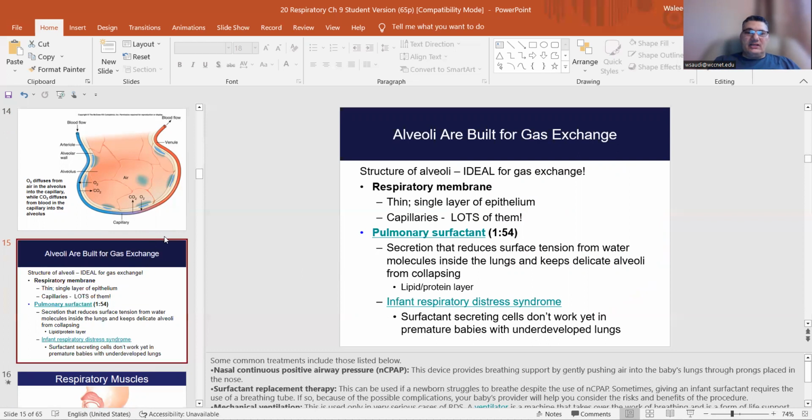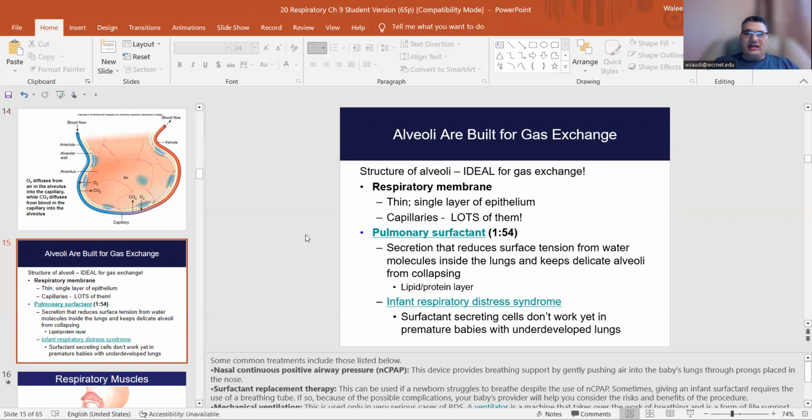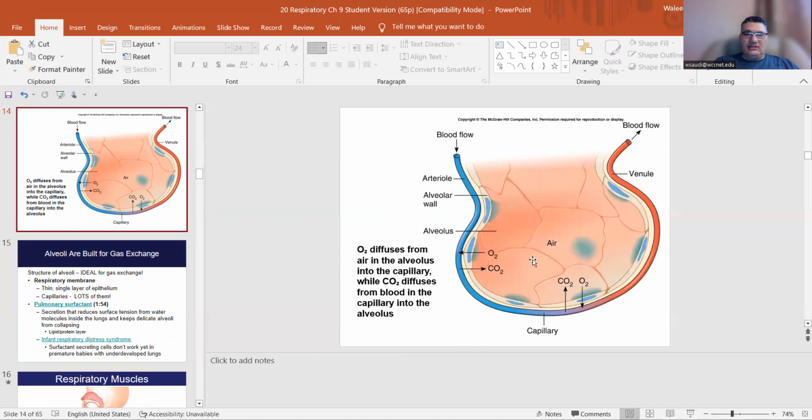Now, something here that we need to know is called the pulmonary surfactant. Look at this here. If you ever wonder what keeps this open? Before that, we talked about the cartilage keeping the trachea and the bronchi open. It doesn't collapse, doesn't close because of this rigid cartilage.